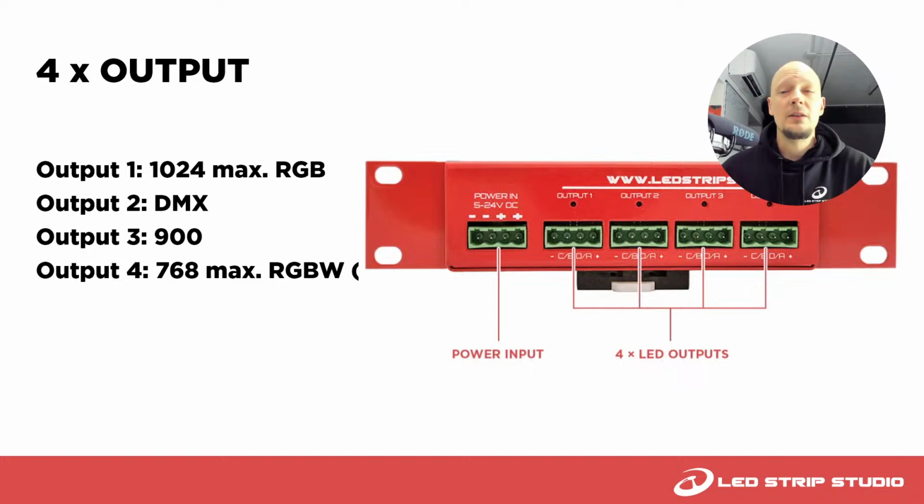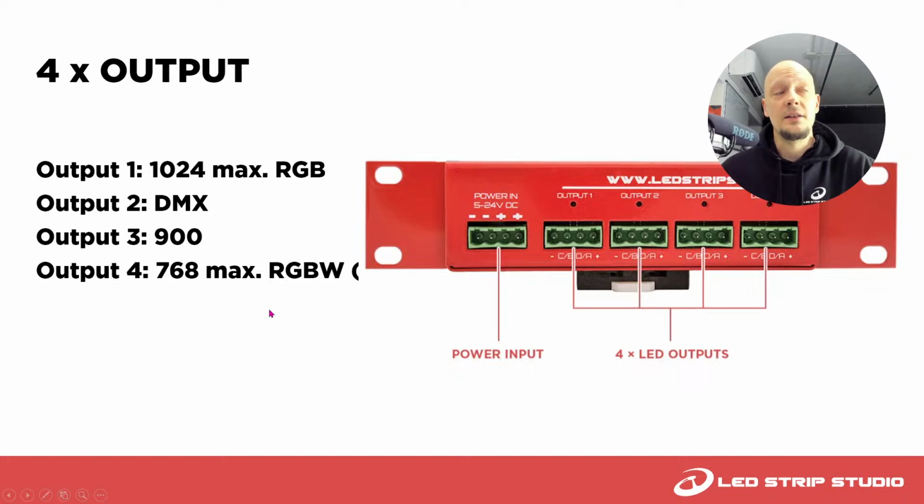As I mentioned, the device has 4 outputs, and you can decide how you will use them. For example, the first output you can use for a 3-channel strip, that is an RGB strip. A nice feature of the device is that you can also output DMX data, so you can connect your analog dimmers to the output and combine digital and analog strip.